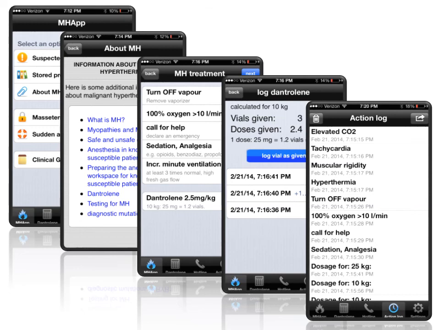The fourth screen shows that it's logging everything that you enter as to the time that you did it, as well as how much you've given, and produces an action log at the end. So again, I highly recommend that for only $2 you have this available, as most people have their iPhone in the operating room, in case you ever experience a patient with MH.